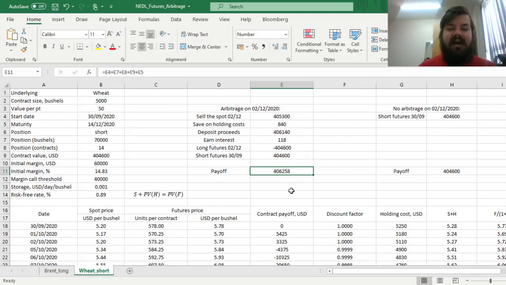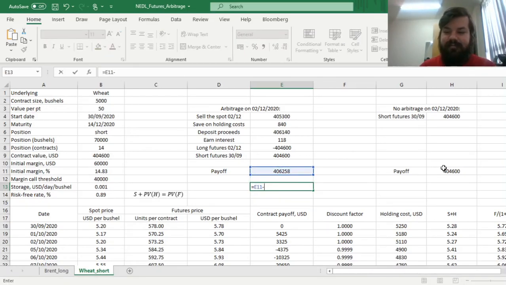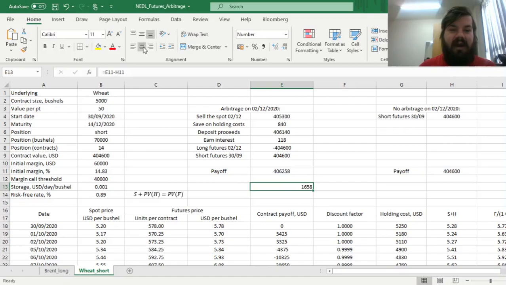And here we can say that our total payoff, so the amount of money we have generated from selling 70,000 bushels of wheat, is $406,258. And if we compare it to the proceeds we would have received if we stuck with the original short futures contract, we would have just received $404,600 for the whole bulk of wheat, meaning that our arbitrage has generated us $1,658 of profit.